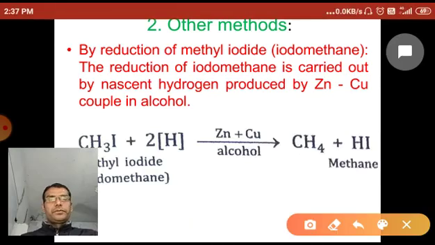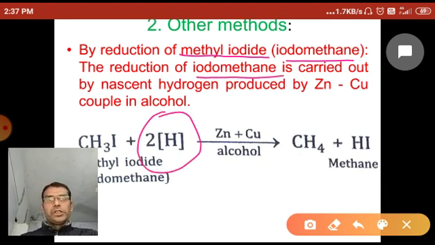Now another method: the production of methane by reduction of methyl iodide, that means iodomethane. The reduction of iodomethane is carried out by nascent hydrogen that is produced by the zinc copper couple in alcohol.